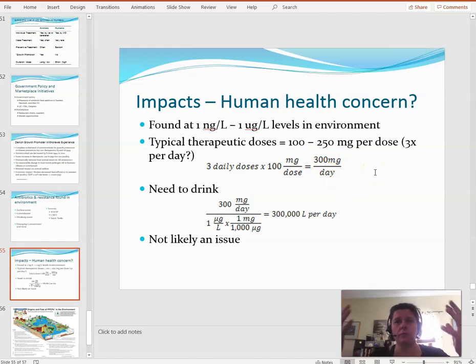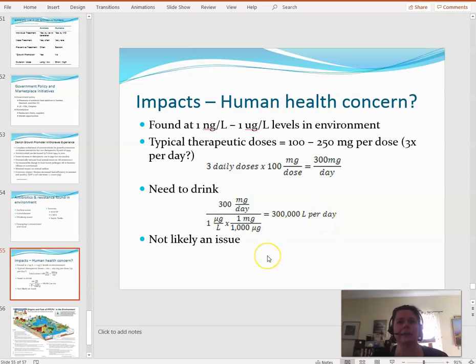That's what you need in order to kill off that organism. So if you needed 300 milligrams per day, and figure the concentration at the high end, which is 1 microgram per liter of water, you would have to drink 300,000 liters of water per day, even at the highest concentration ever found in the environment, to get a therapeutic dose.